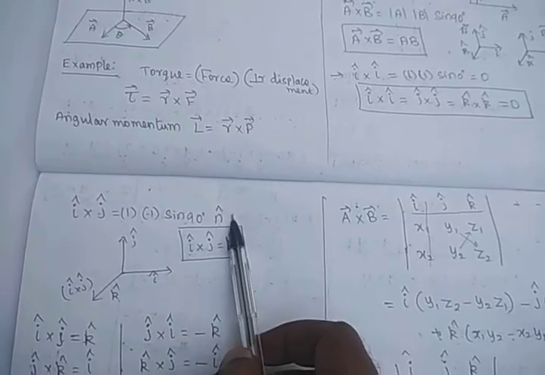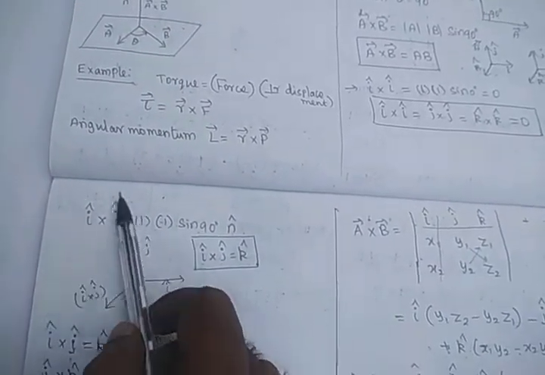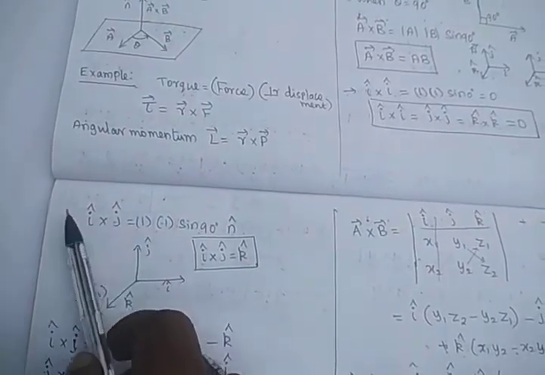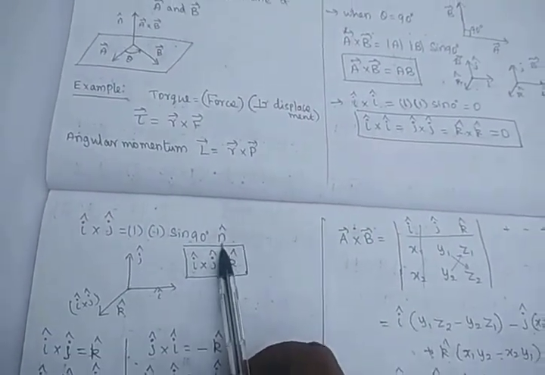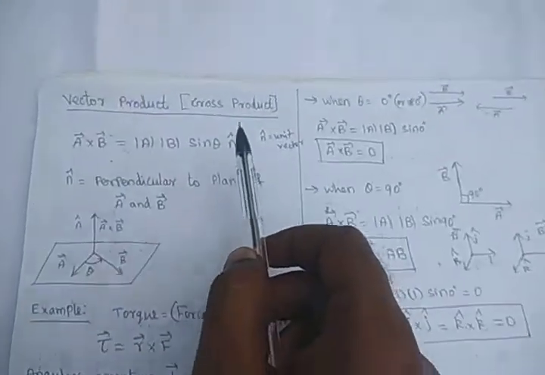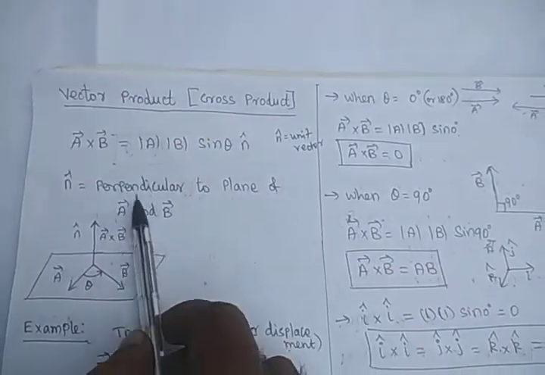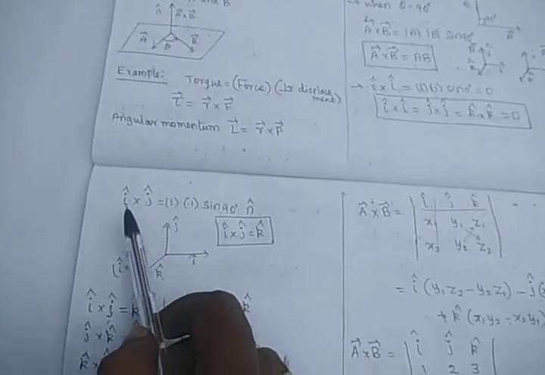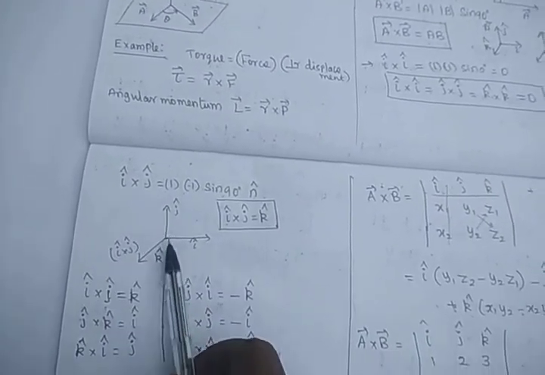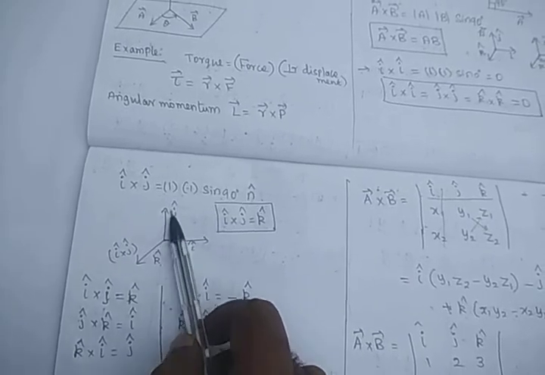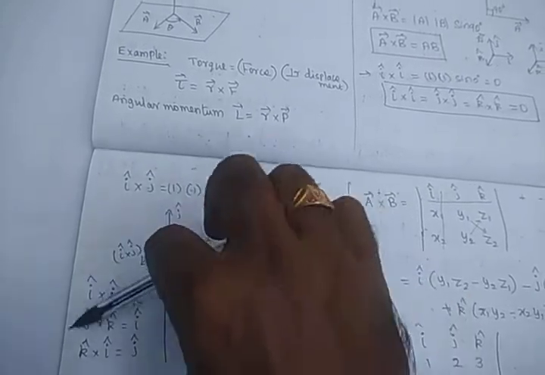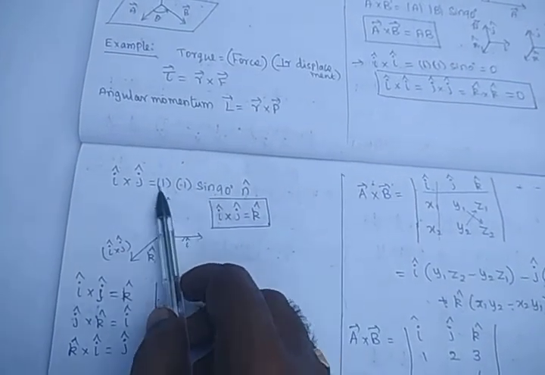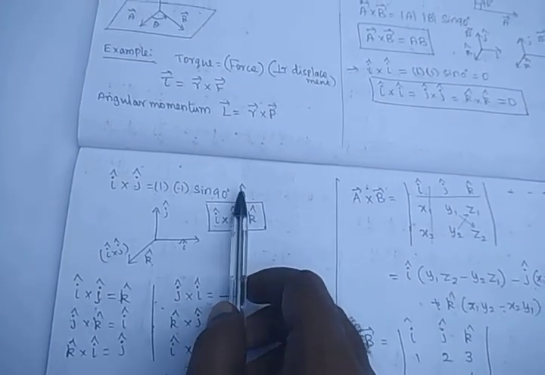This n cap represents the direction of i cap cross j cap. But in the definition, n cap means perpendicular to the plane of a vector cross b vector. So what is i vector cross j vector? It is in this plane, and the perpendicular to this plane is the k vector. Hence 1 into 1 into 1, we get n cap only.